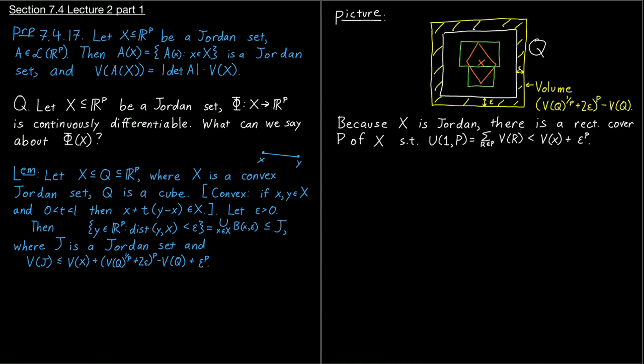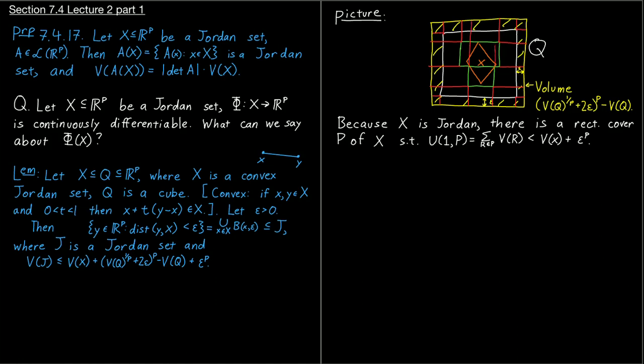And then we can refine this cover, we can subdivide it, by drawing these horizontal and vertical lines, or it would be planes in the case of a three-dimensional cover.